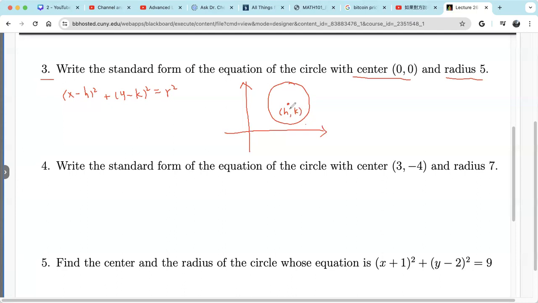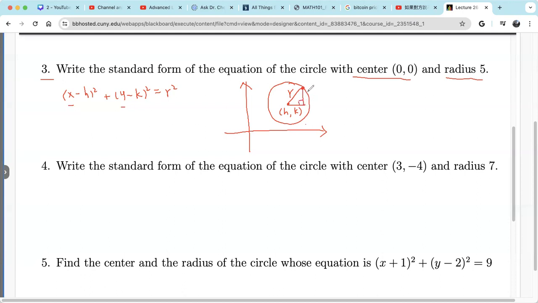You could call these x1, y1, that's fine, but by convention we call them h, k. Then x, y is any point on the circle. If we connect the center and this point on the circle, that's called the radius.